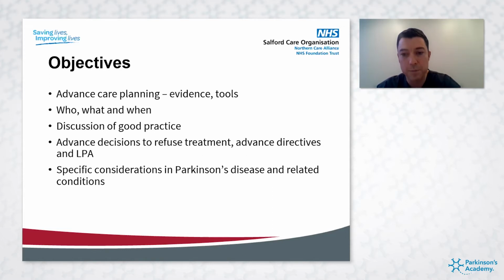We'll also talk about some of the specific tools that you can use in advanced care planning in relation to things like advanced decisions, advanced directives, and lasting power of attorney. As I said, a lot of this is common to all disease groups, but particularly we'll talk about neurological conditions and Parkinson's disease and specific relevant considerations.